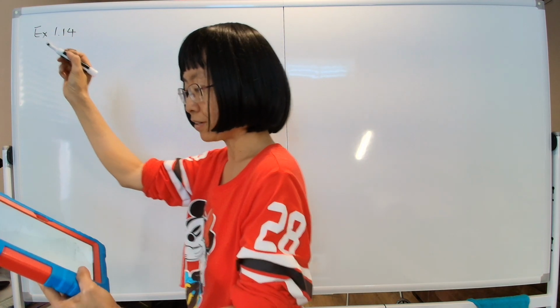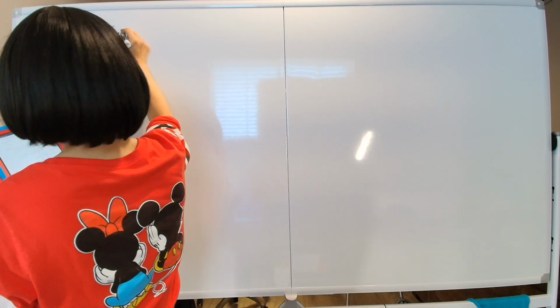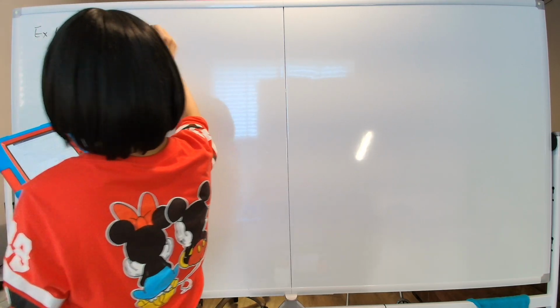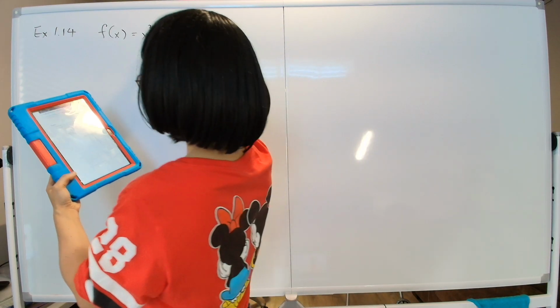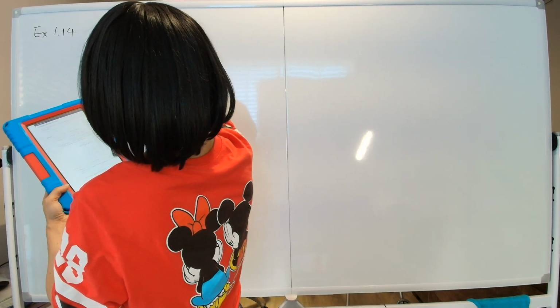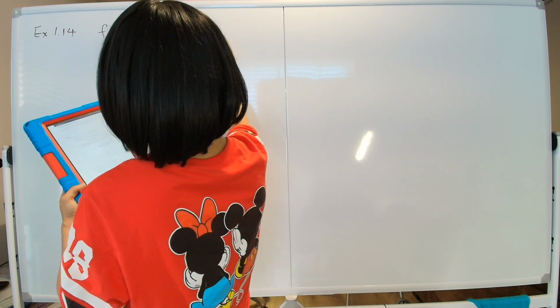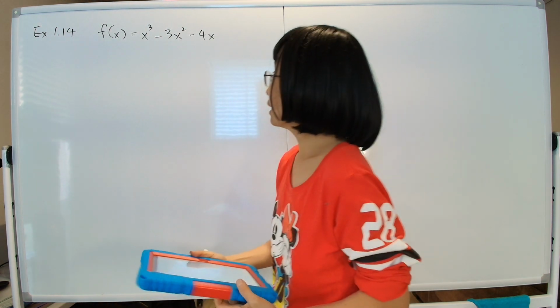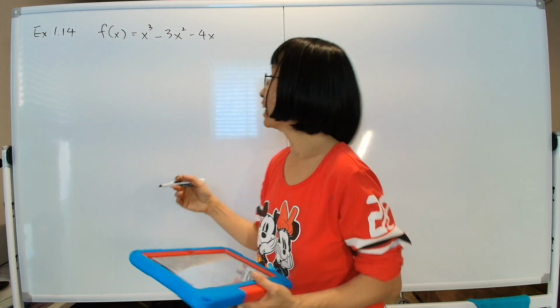Very simple cubic function. Cubic means the highest power of x is 3. So minus 3x squared, minus 4x. All right, that's your cubic function. It conveniently doesn't have a constant term to make life easy for you.